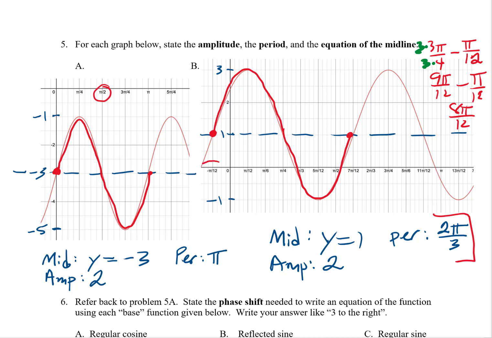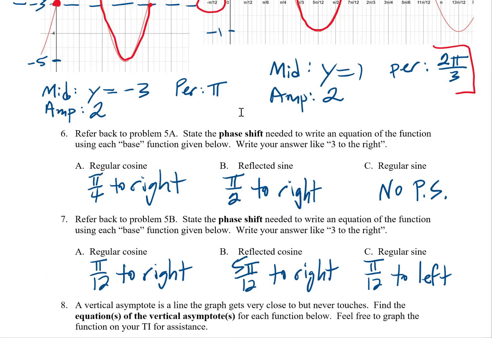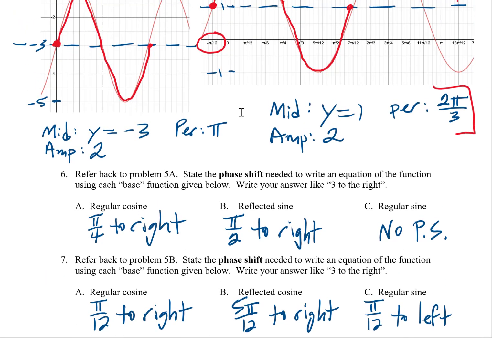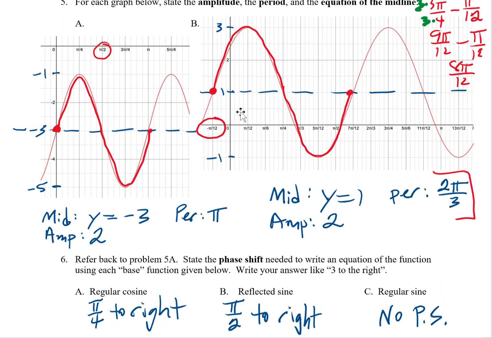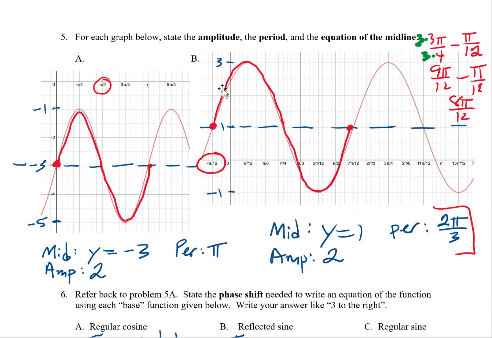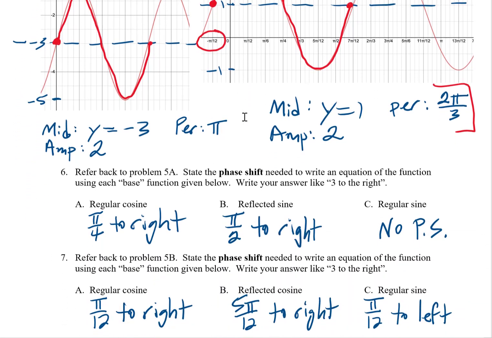Well, in order to use that, I would have to move it pi over 12 to the left, since it's over there at negative pi over 12. It looks like for this one there is no easy choice that avoids a phase shift, and that's because here at the y-axis the graph is not a high point or a low point or a midline spot. I would have to use a phase shift in order to write the equation.